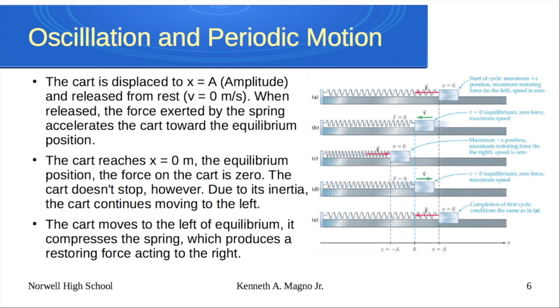Mass times velocity is momentum. It continues through equilibrium and starts heading in the negative displacement, and eventually it gets to a negative amplitude and stops. Again, that force now wants to restore it back to equilibrium. It gets to equilibrium, moving, now in the opposite direction, back towards the positive A. Eventually it gets to A.